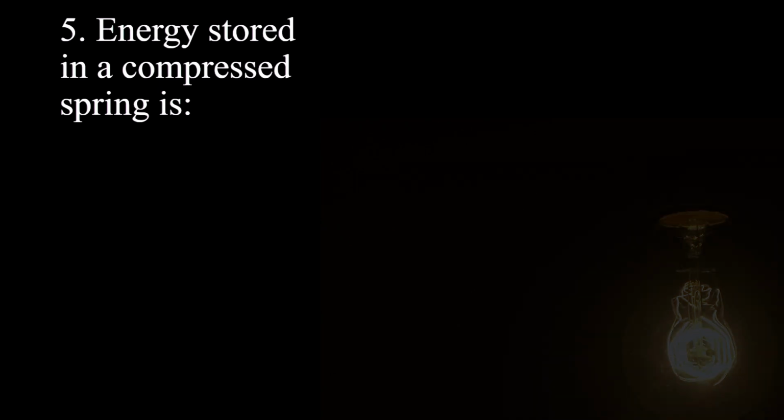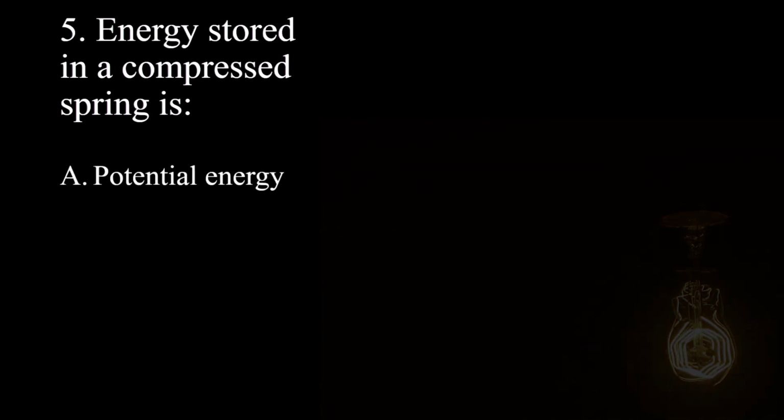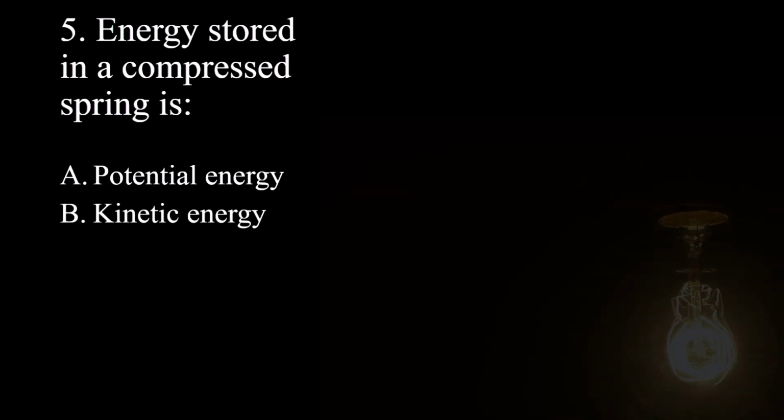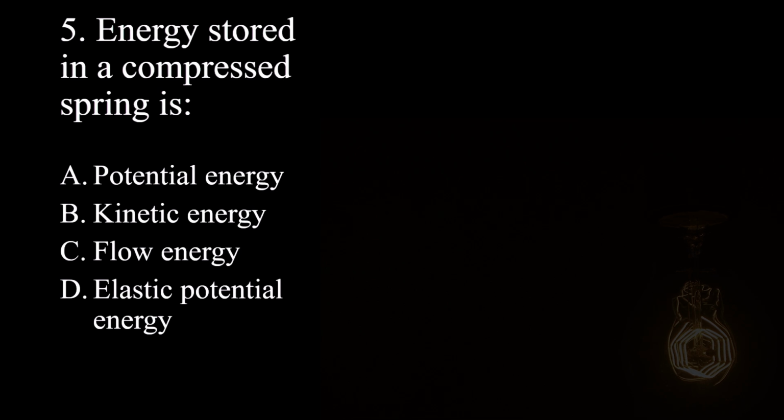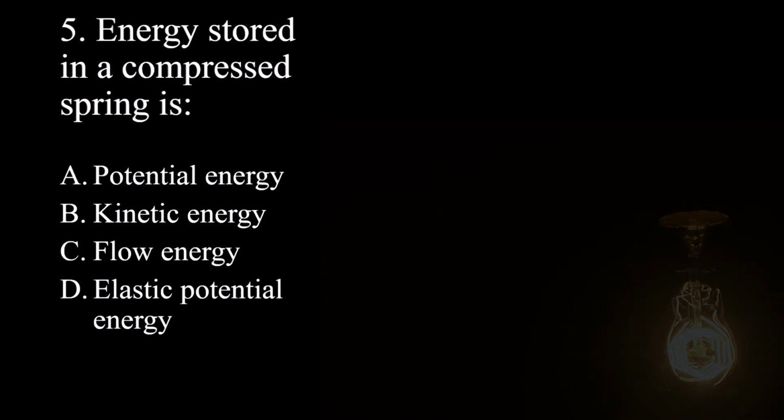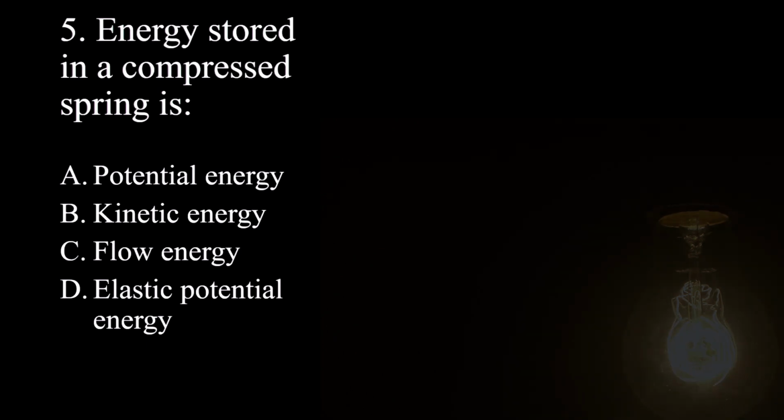Energy stored in a compressed spring is: potential energy, kinetic energy, flow energy, or elastic potential energy. When a spring is compressed or stretched, energy is stored and it is called elastic potential energy.